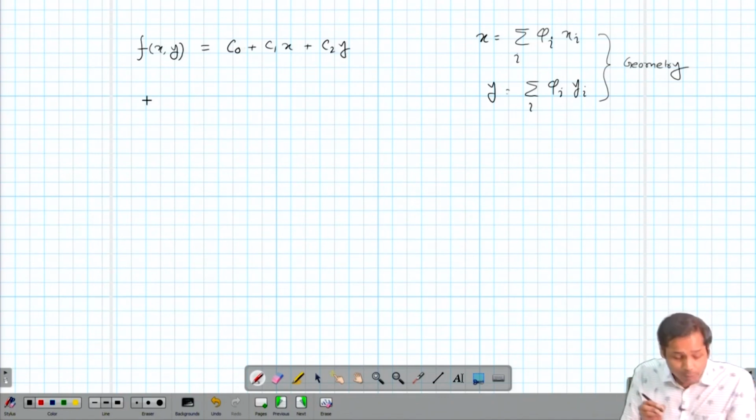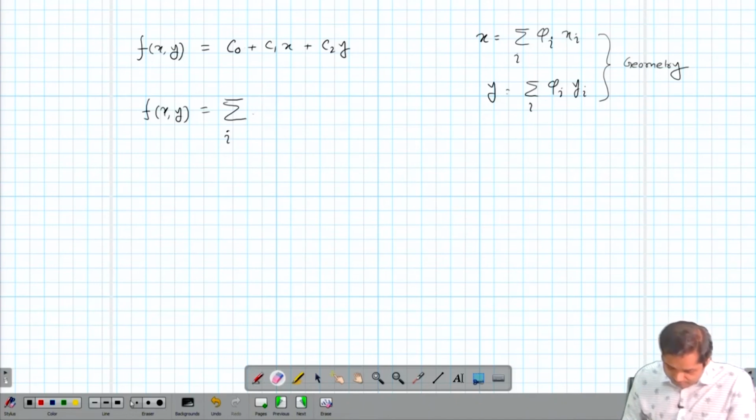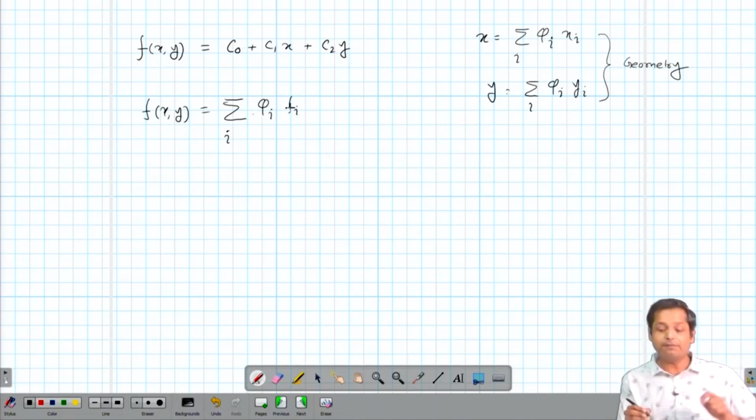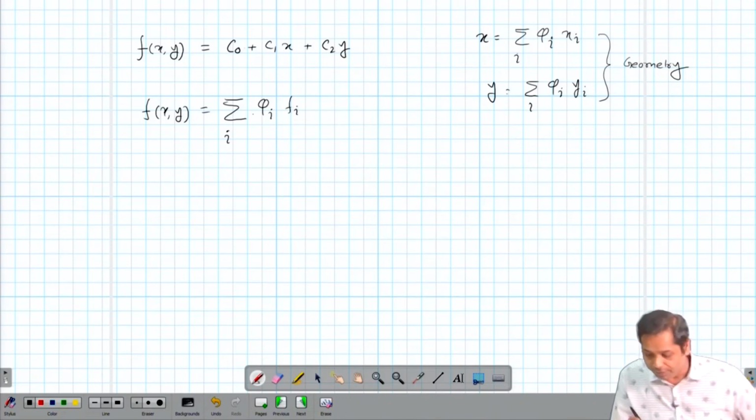Now, if we approximate the field variable like this, suppose f of xy is equal to summation over I of phi I and then fi, where fi is the function value evaluated at the ith point. This is for the field variable.